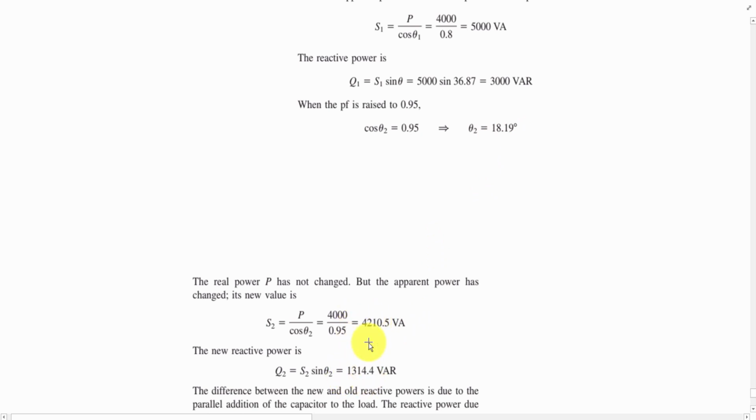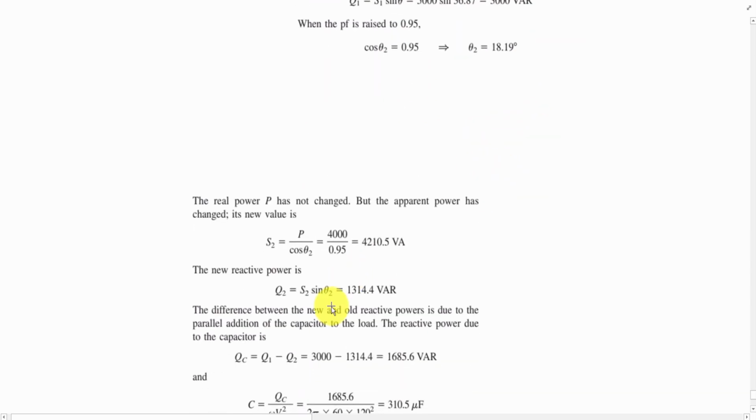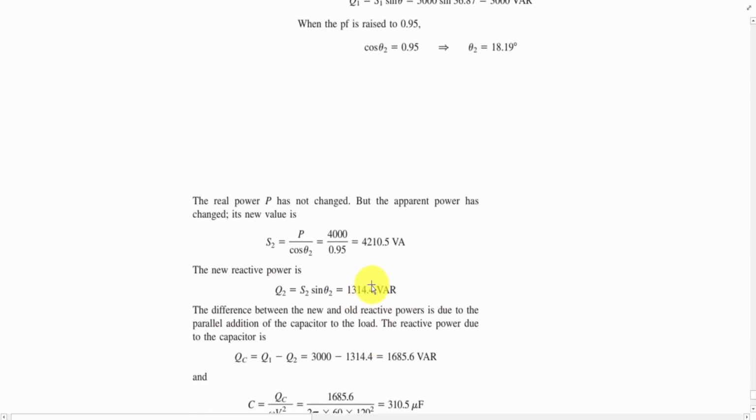So the original reactive power was 3000. We want it to be reduced to 1314 VAR. That means we have to use a capacitor. So the capacitor we want has to deliver the reactive power of Q1 minus Q2 equals 1685 VAR.